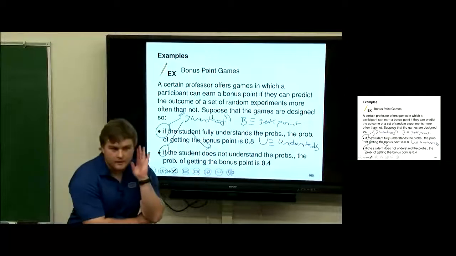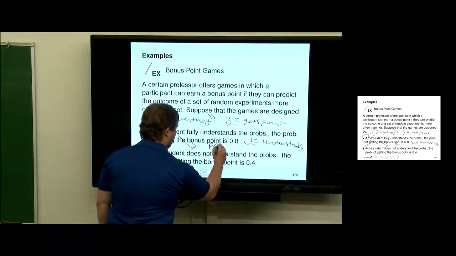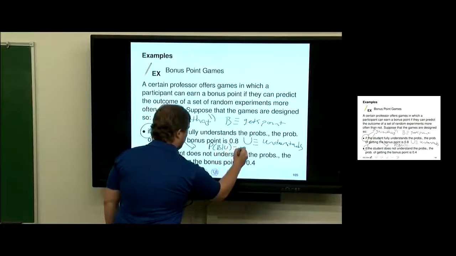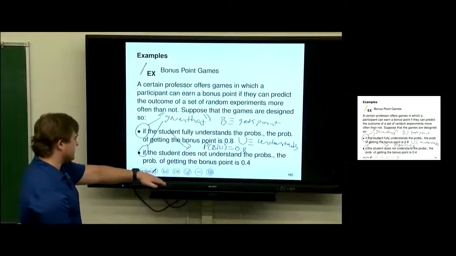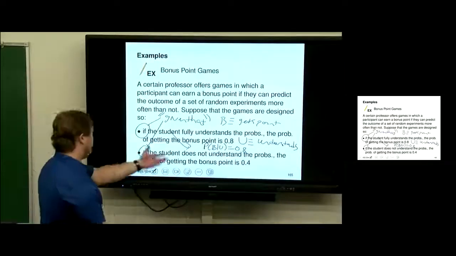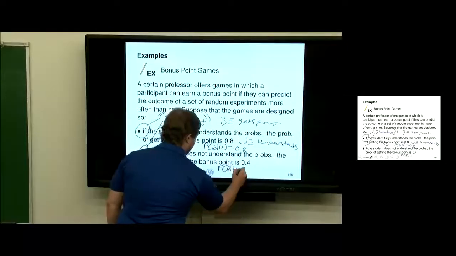Probability of B given U. And this, if the student does not understand the probabilities, getting the bonus point, is the probability of B given U bar.